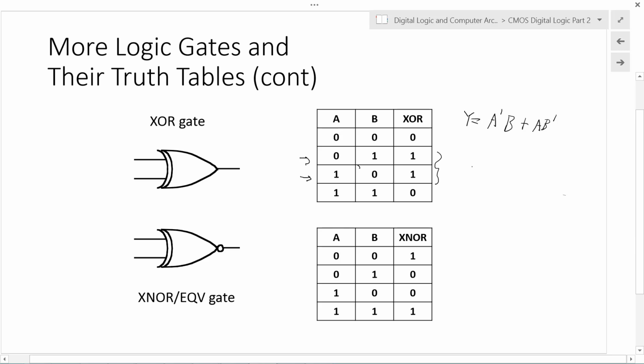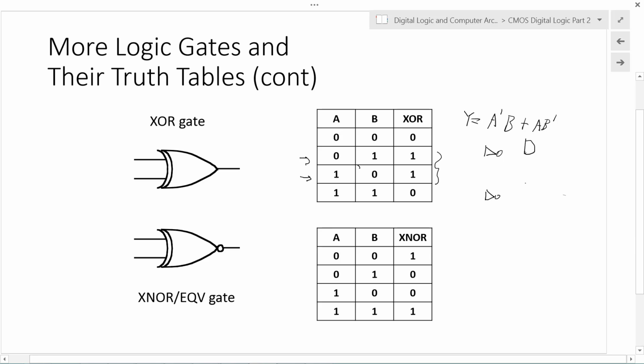So we can draw this as a logic circuit here. We need an inverter. An AND gate. Let's give ourselves a little bit more space.